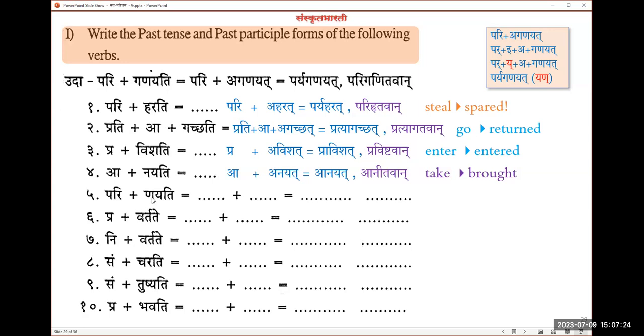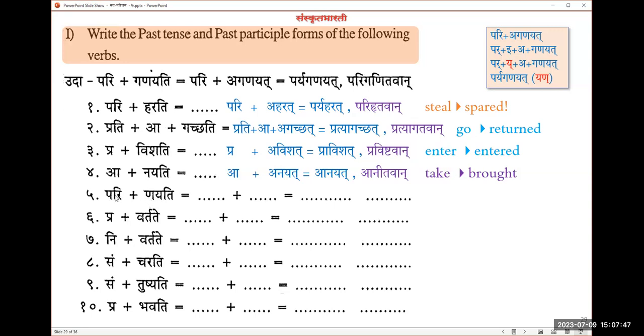So now just wait. The original dhatu here is the same, nayati only. But Samskrita Bharati is helping us. Actually, they shouldn't be showing it like this. Technically, a grammarian will frown at this because this is still the dental na. Repa has not yet entered the picture to convert it to the retroflex na.